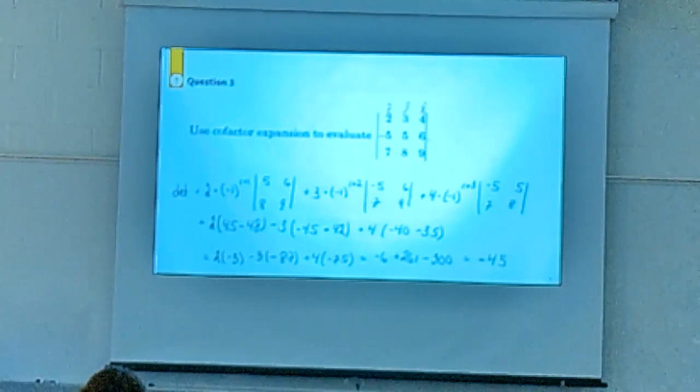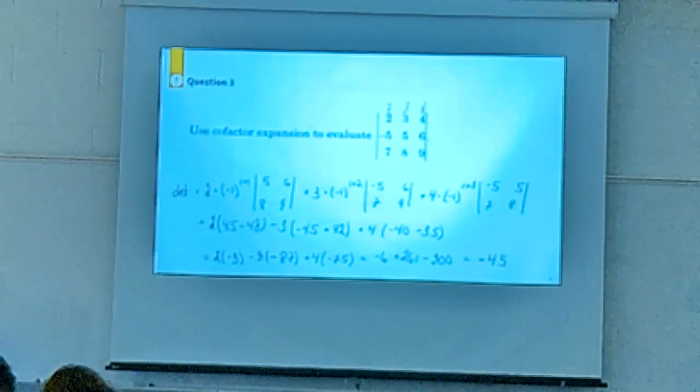I'm trying to think, when did I use it in linear or in physics? Quantum. I think we used linear algebra in quantum. It's quantum mechanics, but I don't think it was matrices.